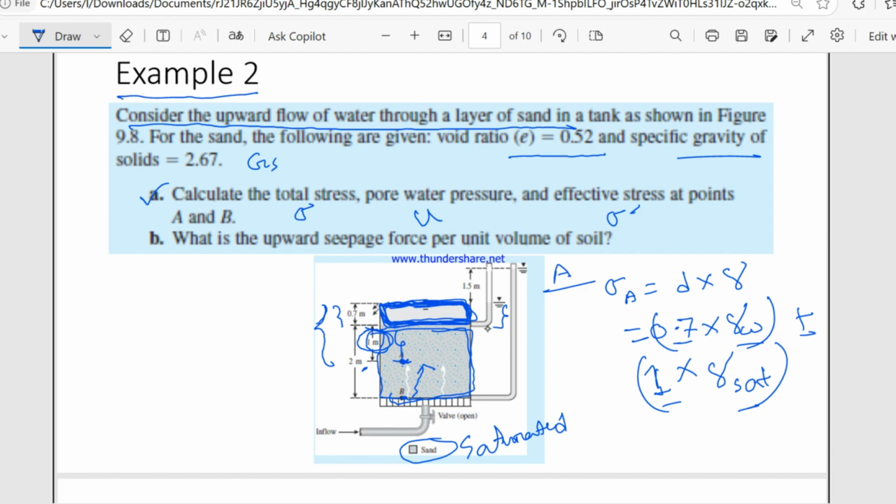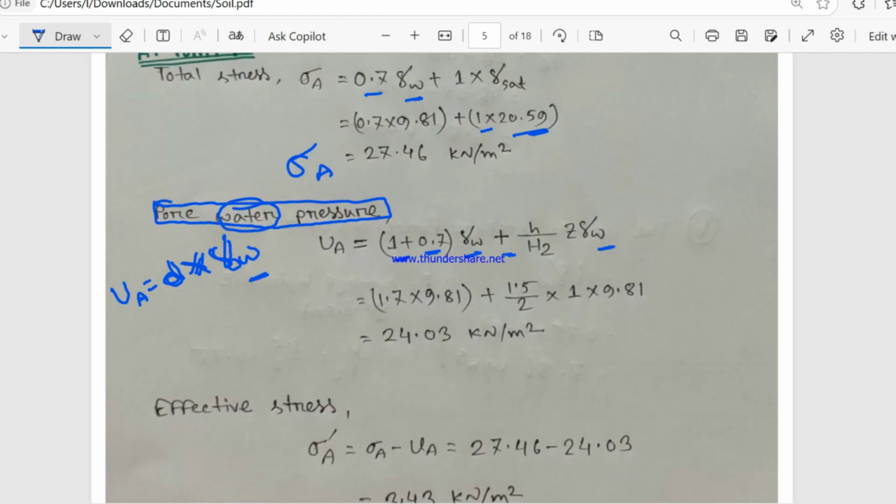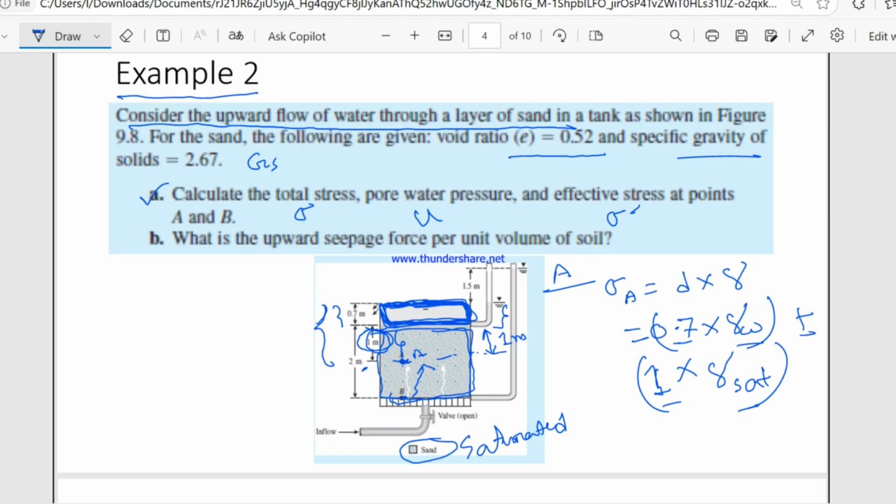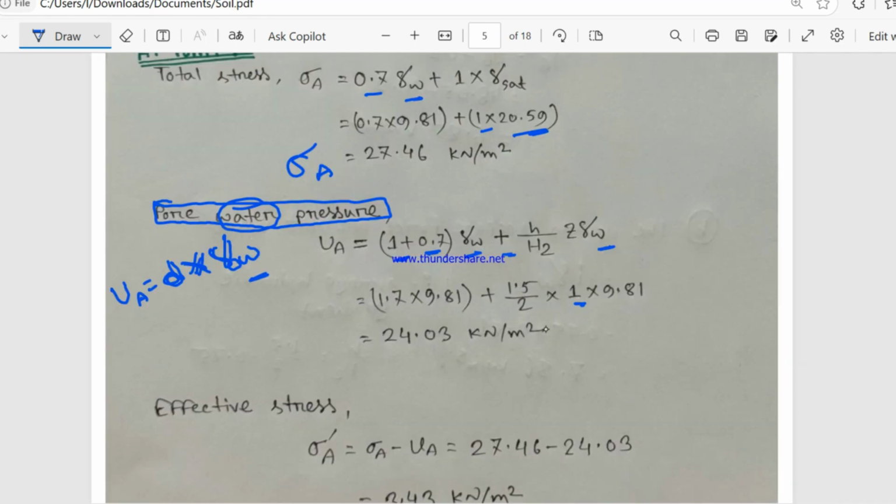This is point A, so the elevation is 1 meter, small h is 1.5 meter, and h2 is 2 meter. Let's insert these values.